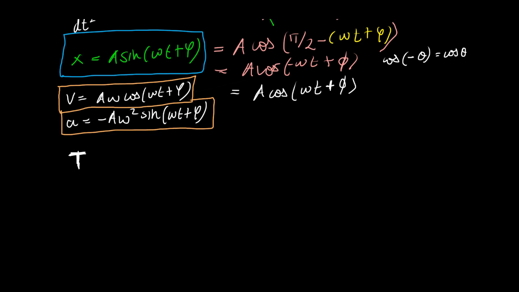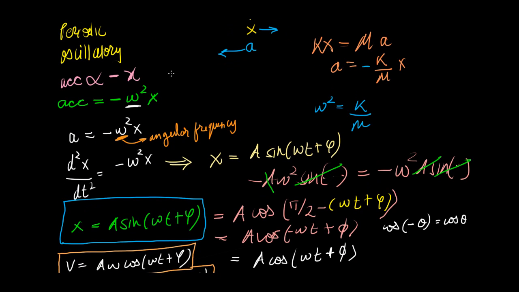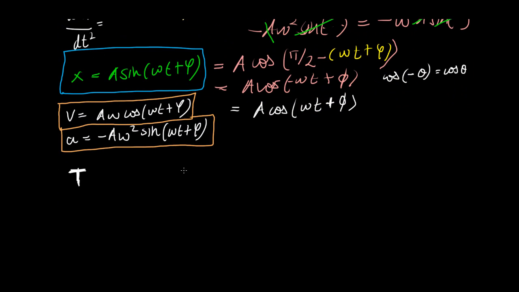In the beginning I said that it is periodic, which implies that there is a specific time period for its motion, and that time period is defined as 2 pi over omega. This omega should not be confused with angular velocity.